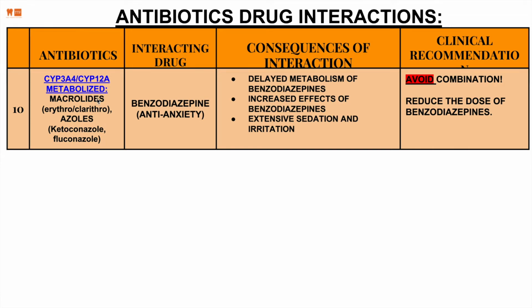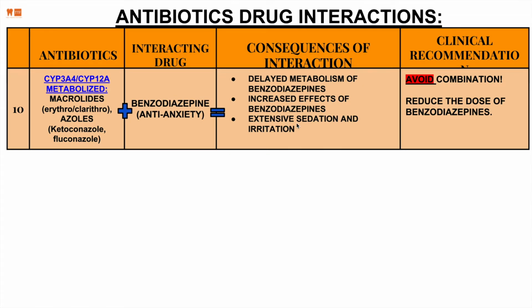consequences. So when macrolides such as erythromycin and clarithromycin and azoles such as ketoconazole and fluconazole are mixed with benzodiazepines, which are anti-anxiety drugs, it results in a delayed metabolism of benzodiazepines. What does that mean? Well, there's increased effects of benzodiazepine because we're not breaking the benzodiazepines down. We're keeping them in our body.